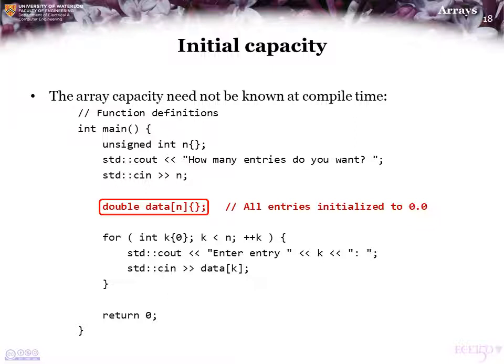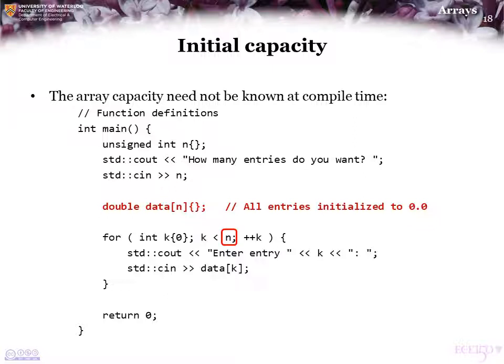Now we declare data to be an array of that capacity. Fortunately, because the capacity is stored in the local variable n, we can iterate through that array.